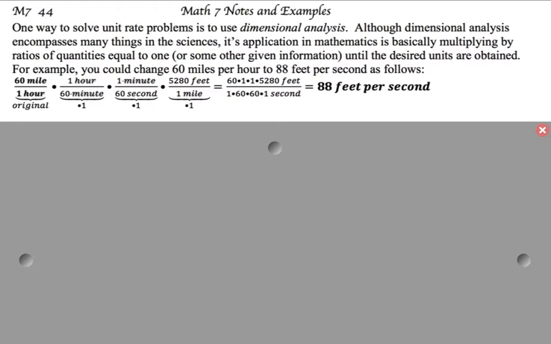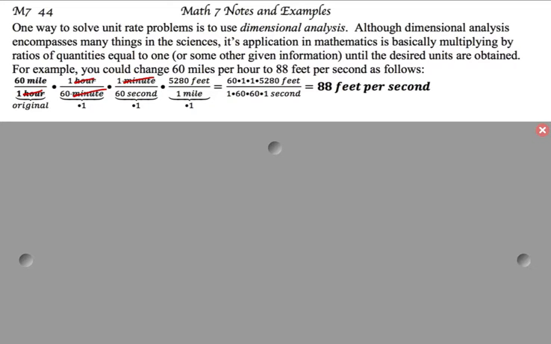For example, you could change 60 miles per hour to 88 feet per second as follows. We start with 60 miles per 1 hour. Then we're going to multiply by 1 hour per 60 minutes, which is ultimately equal to 1. The hours reduce. Then 1 minute per 60 seconds, the minutes reduce.